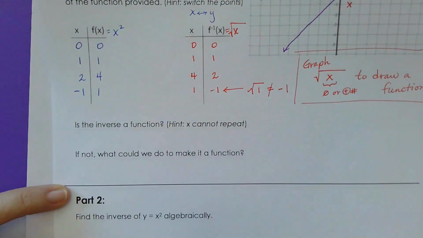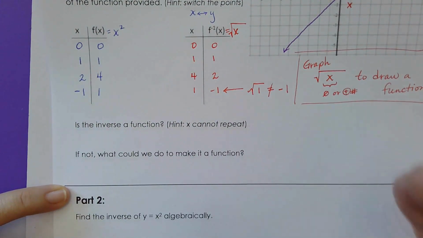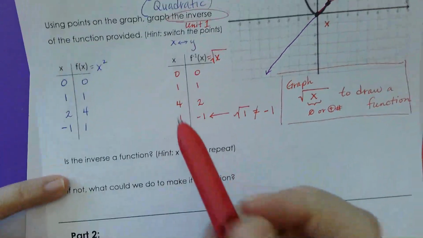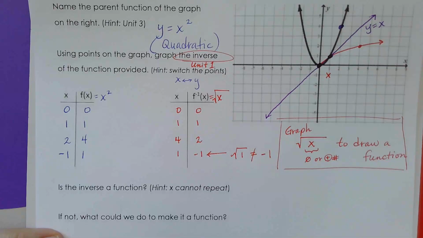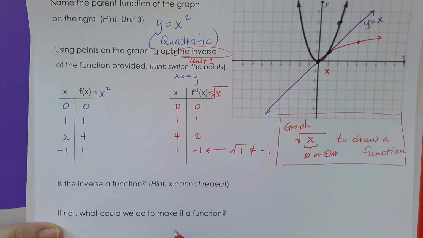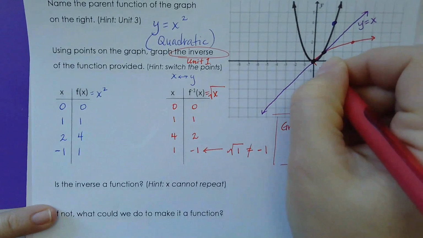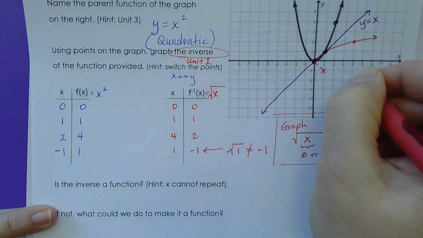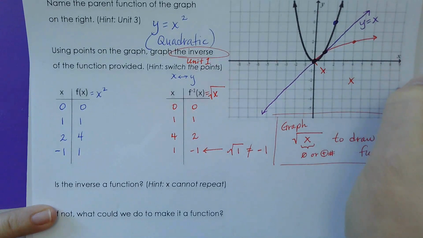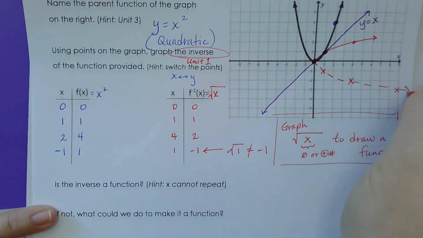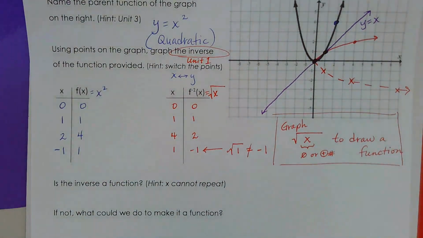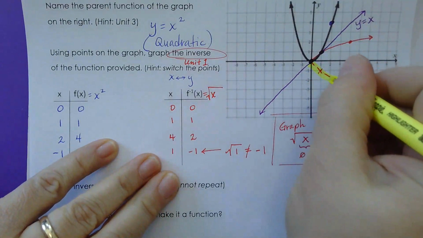Here in the bottom, if I drew the full half using this switch the points thing, then the inverse is not a function. I just answered this. What can you do to make it a function? So the rest of the curve goes down here, actually. But we're not going to include this part.